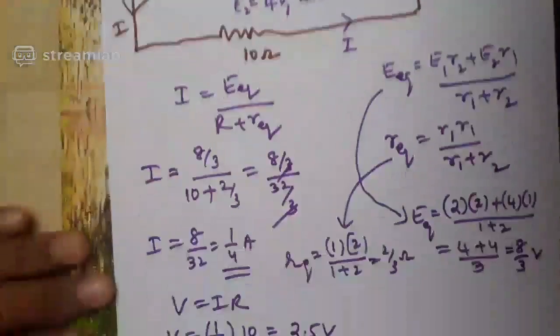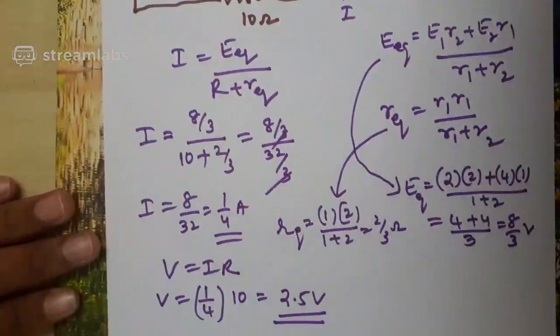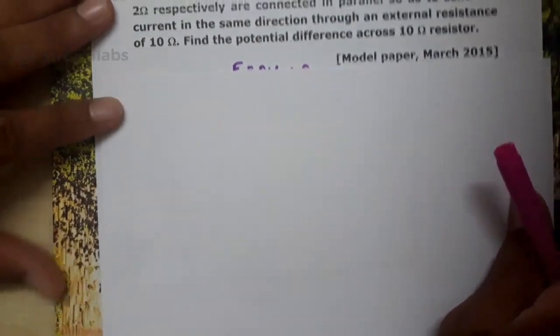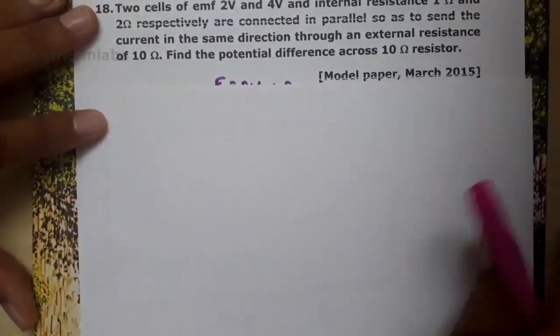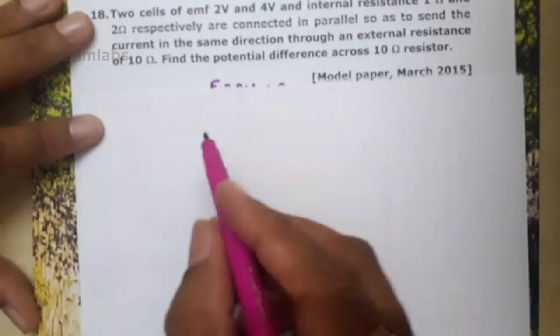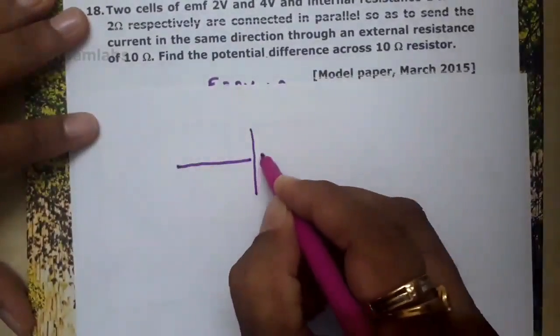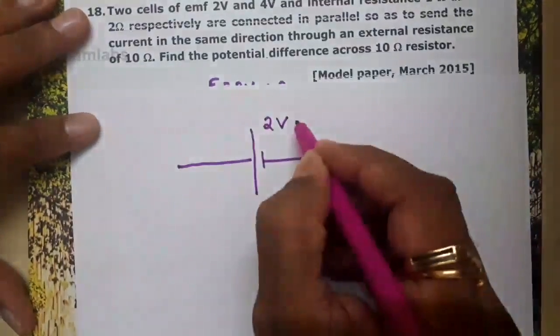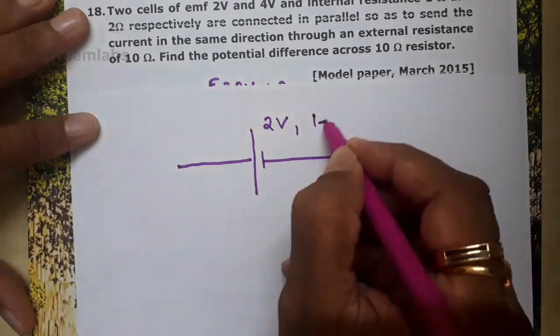Okay, now listen to me. I think all of you copied this. Now listen to the other alternative method. Same problem I am talking about. Two cells of EMF, circuit connections are the same as I have already drawn. This is a cell of EMF 2 volt and its internal resistance was 1 ohm.